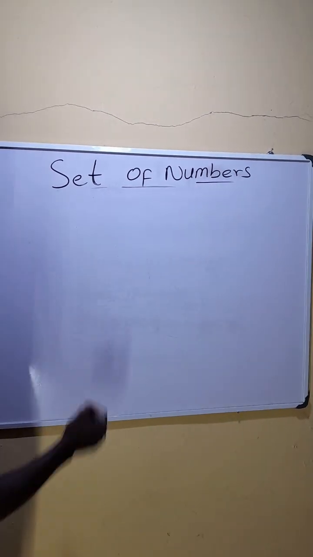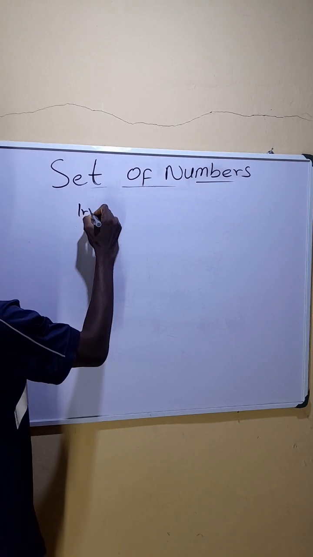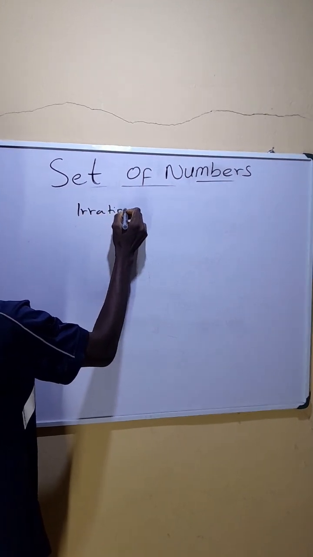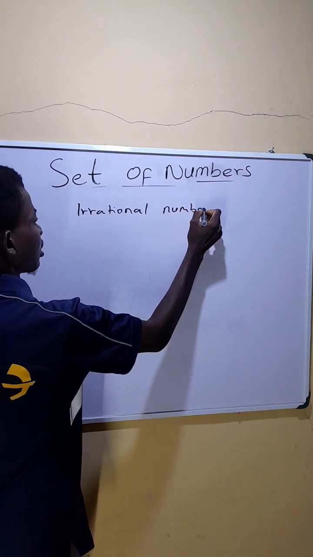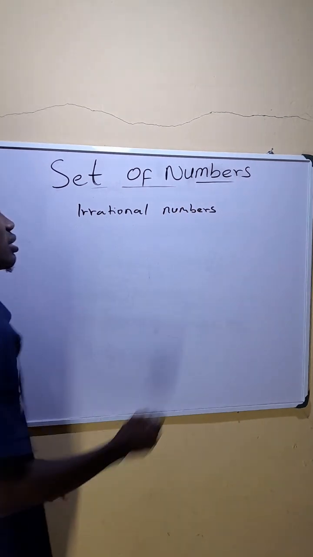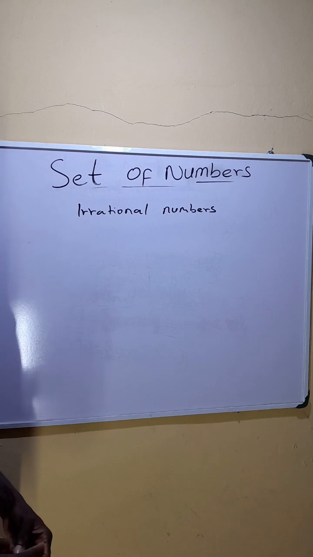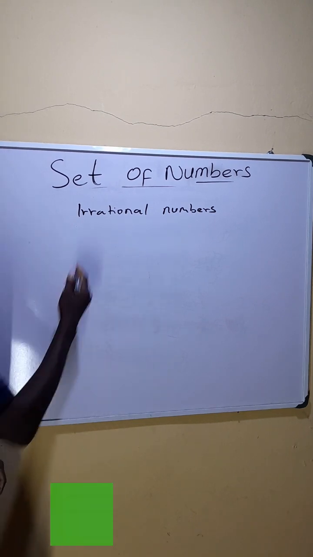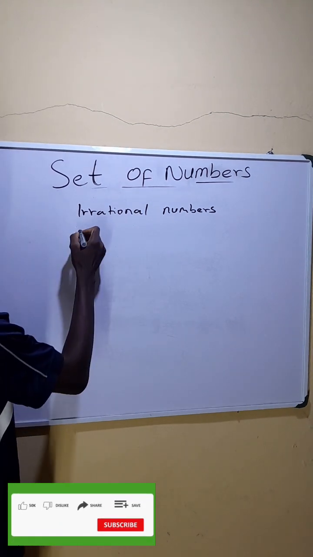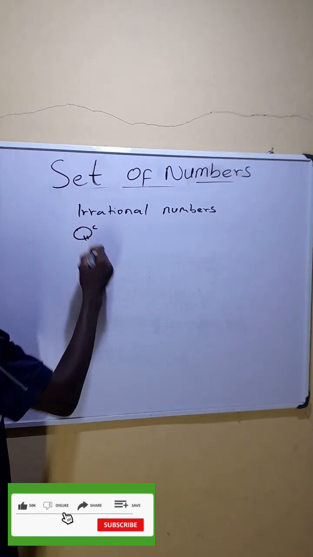The next one is irrational numbers. This irrational numbers is a complement of rational number. So we denote these irrational numbers with Q complement.